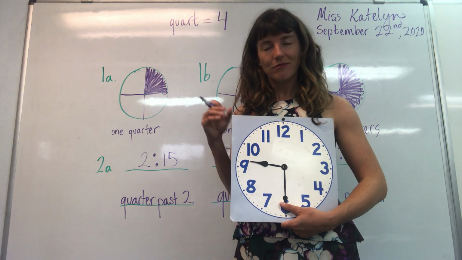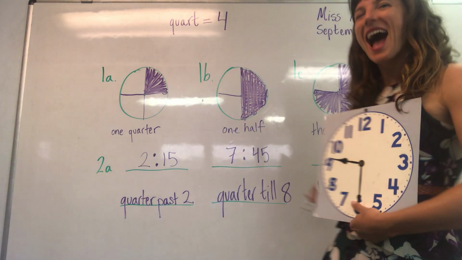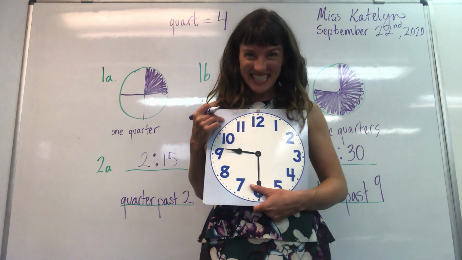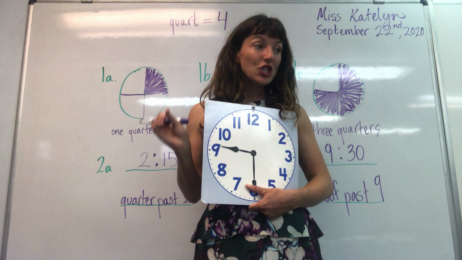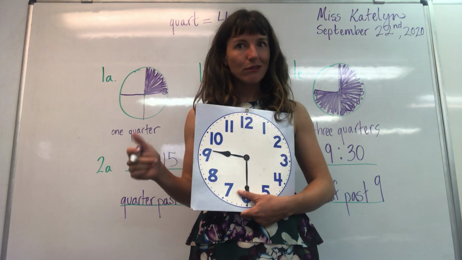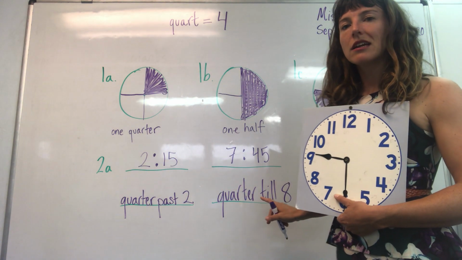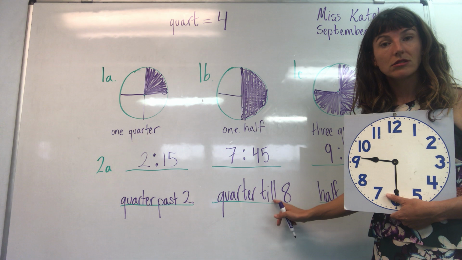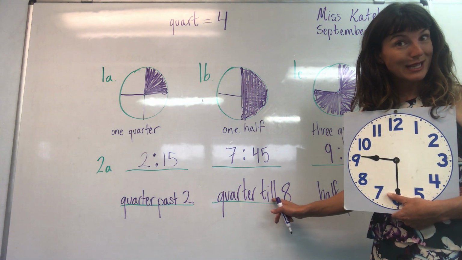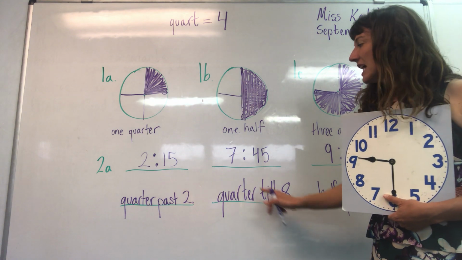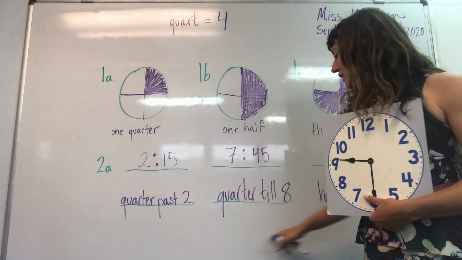Now I want you to do 2C on, we already did 2C. I want you to do 2D on your own, okay? Now 2D looks like 2B. That's my clue, okay? This is 2B, this answer here.